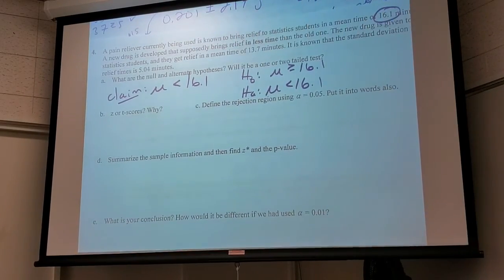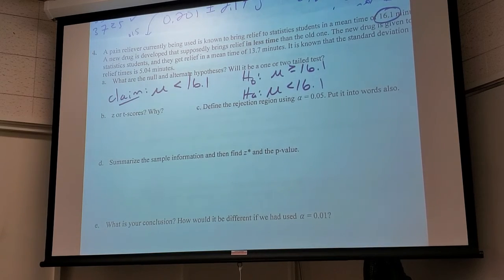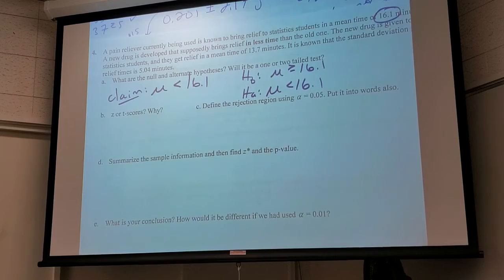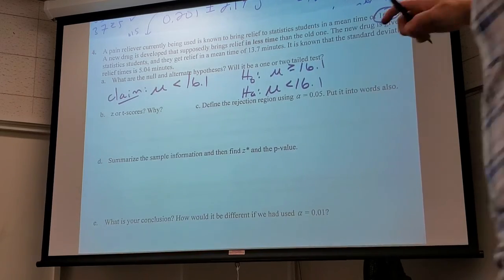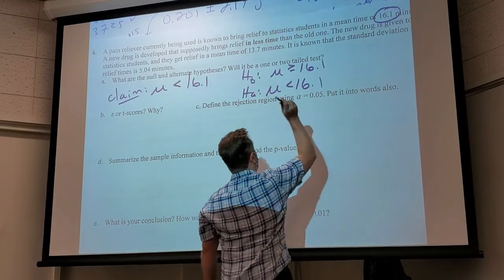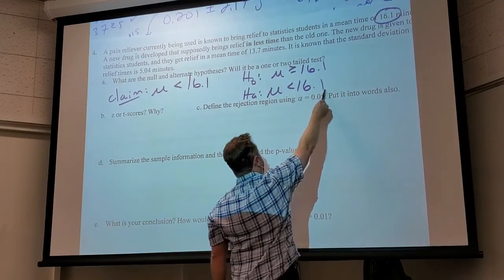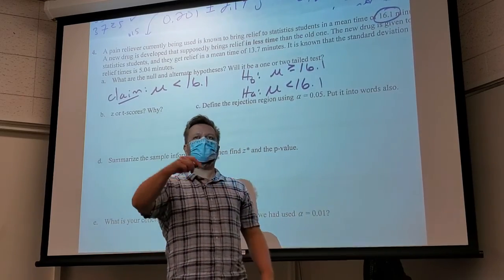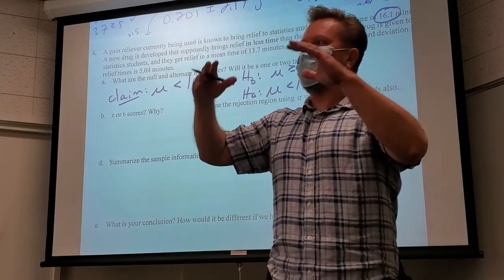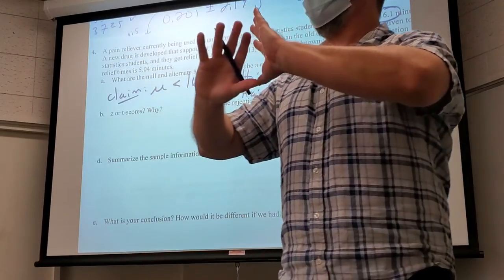So what do we think? We think the opposite of the null. Isn't the opposite of the null the alternate? Yes. So what do we think? We think the mean is less than 16.1. We think the opposite of what the null says, when in reality the null is true. That's what a type 1 is.